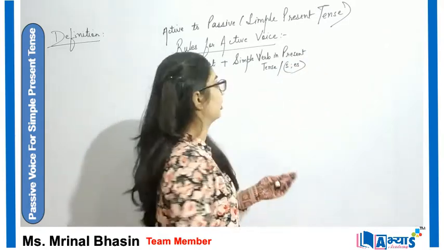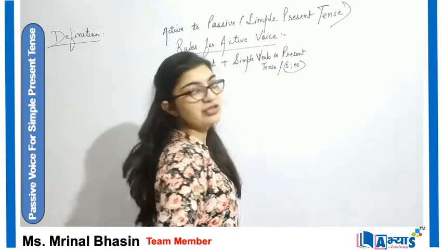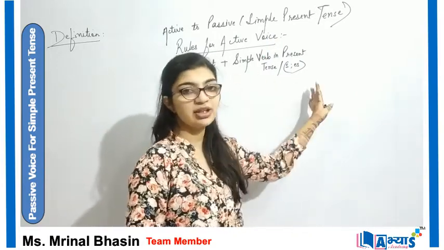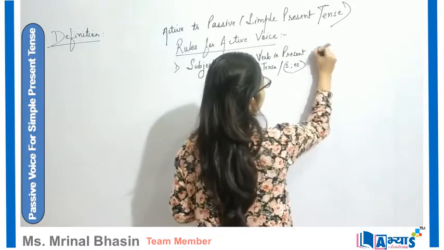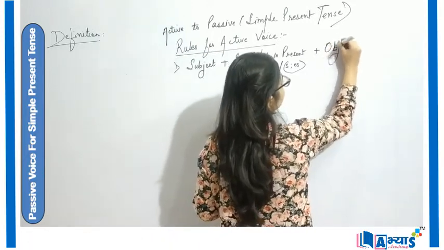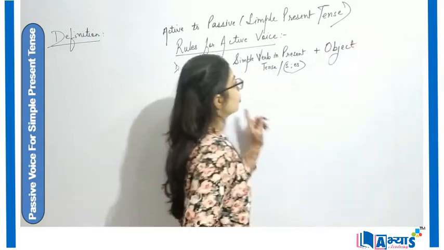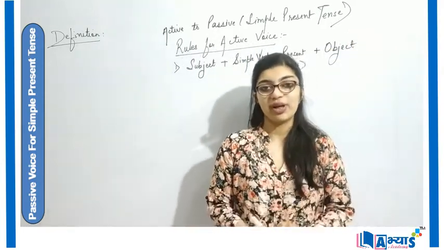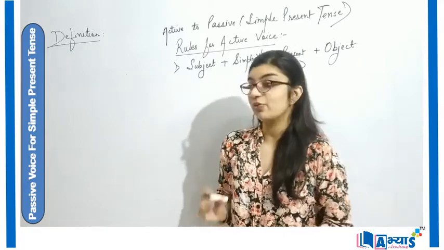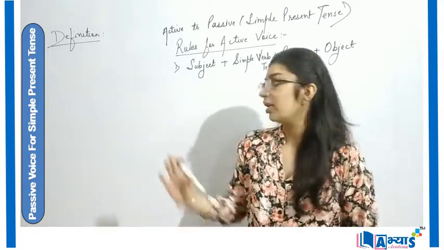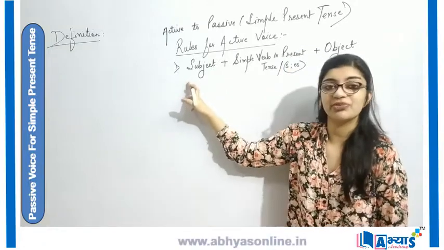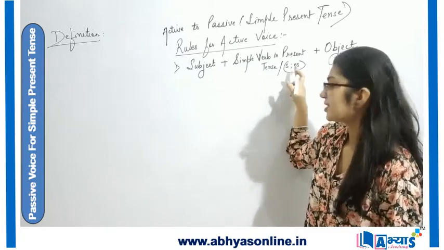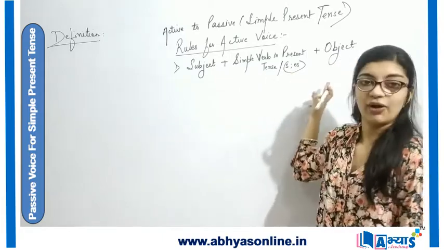Depending upon the subject. If the subject is plural, it will be S. If the subject is singular, it will be ES. Plus, it will be followed by an object. So, this is the rule for identifying an active voice in the sentence, right? Whether the sentence is in active form, we will determine this by simply using this rule: subject plus verb in simple present tense plus the object.